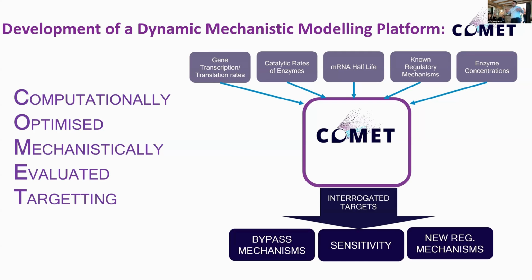That allows us to run simulations to identify targets. We can understand things like bypass mechanisms if we go after a particular target, and understand the sensitivity of those targets. Do we need to hit it hard? Using this platform, we've also discovered new regulatory mechanisms as well.